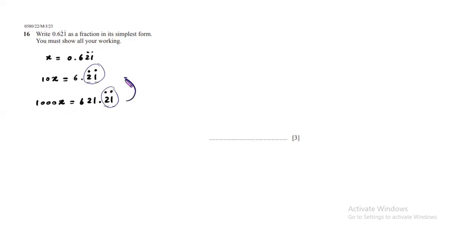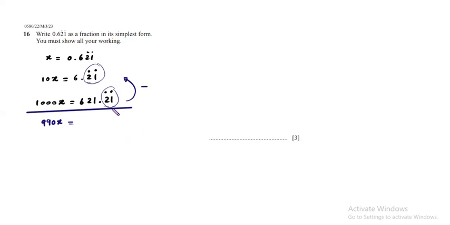So I'm going to subtract the equation at the top by the equation that I have here. So when I do that, I get 1000x minus 10x, that is equal to 990x. This is equal to 621.21 recurring.